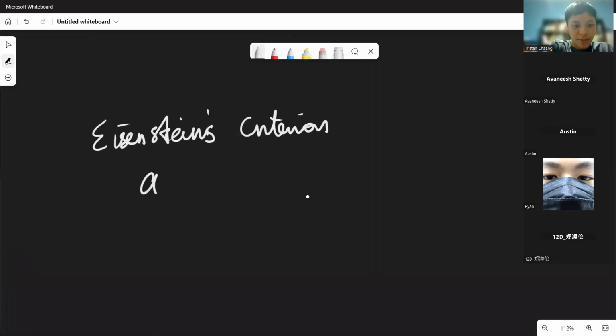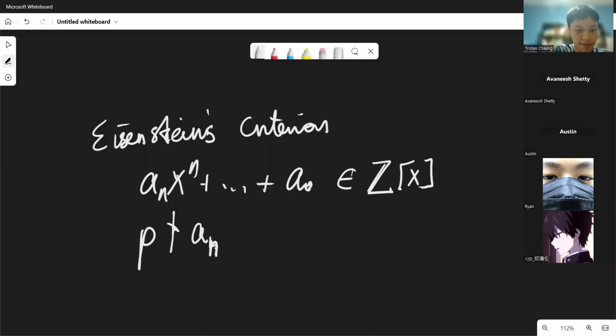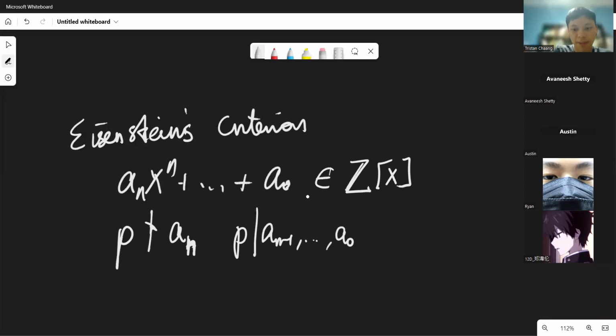Okay. So if a_n x^n plus blah blah blah plus a_0 is an integer polynomial, and the following properties are satisfied: p does not divide a_n, but p divides everything else, but p squared does not divide a_0.